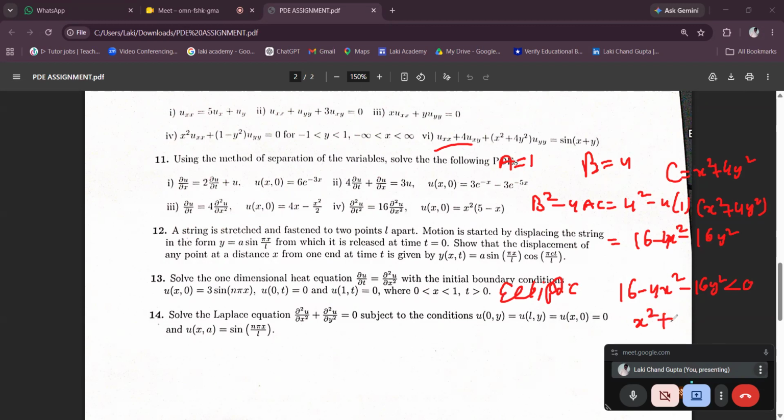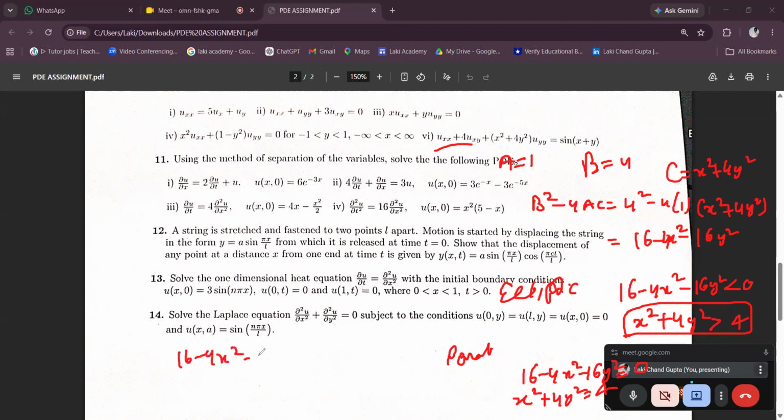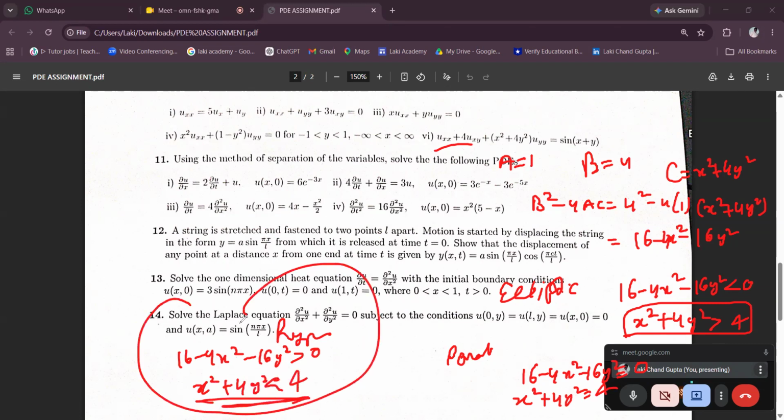Indirectly, you can say x square plus 4y square is greater than 4. Then only this is elliptical. And this is parabolic only when 16 minus 4x square minus 16y square is equal to 0. X square plus 4y square is equal to 4. And this is hyperbolic only when this is positive, right? For hyperbolic, it means x square plus 4y square is less than 4. Understood? So it depends on the condition.